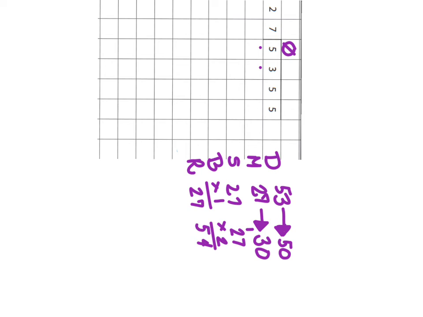And even though 54 is closer to 53 than 27 is, I cannot use a number that is larger than what's already there. So I cannot use 27 times 2 because 54 is larger than 53. I'm going to have to use 27 times 1. So I'm going to put my 1 here.